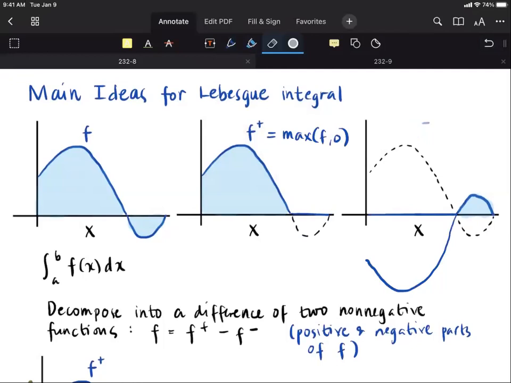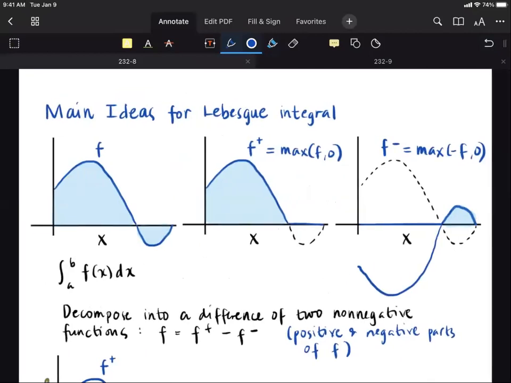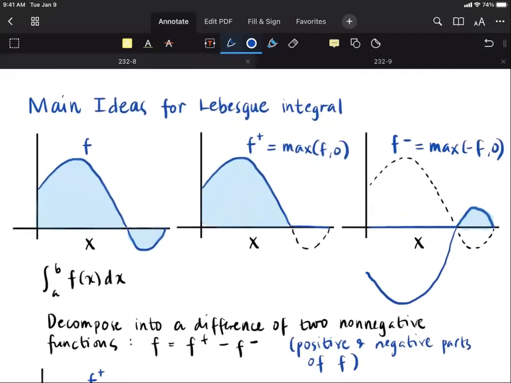So the negative part would be the max of negative f and 0. Since this is below the horizontal axis, we replace this by the 0 constant function. So this would be the negative part of your function f. It is obtained by reflecting and then taking the positive part of the reflection.